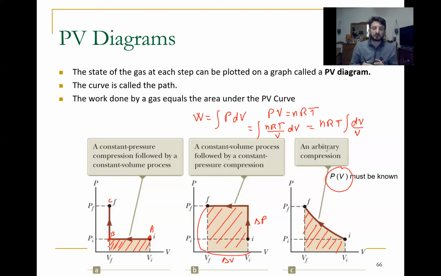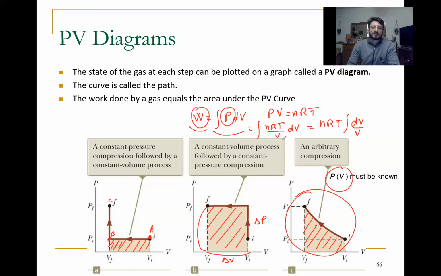So in order to calculate omega in this case, if you don't have a geometrical shape, you cannot calculate omega easily by calculating the area under the line. In this case, you have to find a relation between P and V. You can substitute the value of P by its value in terms of V, and you can calculate omega using this relation, omega equals the integral of P dV.